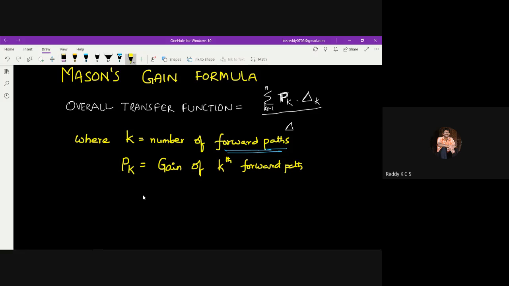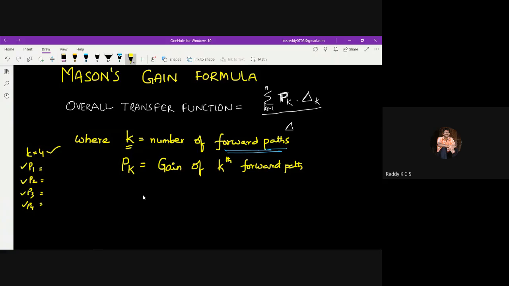P1 is the gain of the first forward path, P2 is the gain of the second forward path, P3 is the gain of the third forward path. Like that, K decides how many forward paths you have, and based on that the P values will be there. If K is equal to 4, then we need to find P1, P2, P3, P4, because there are 4 forward paths: forward path 1 gain, forward path 2 gain, forward path 3 gain, forward path 4 gain. Likewise, you need to calculate.